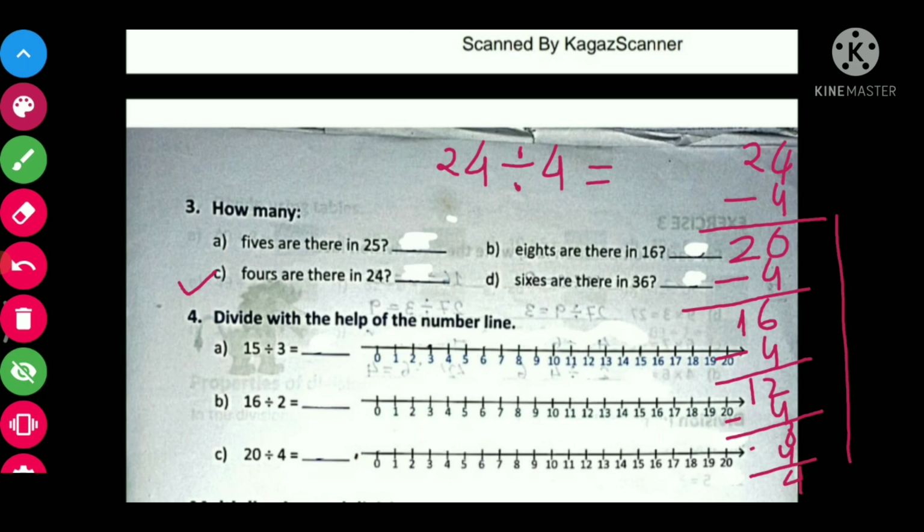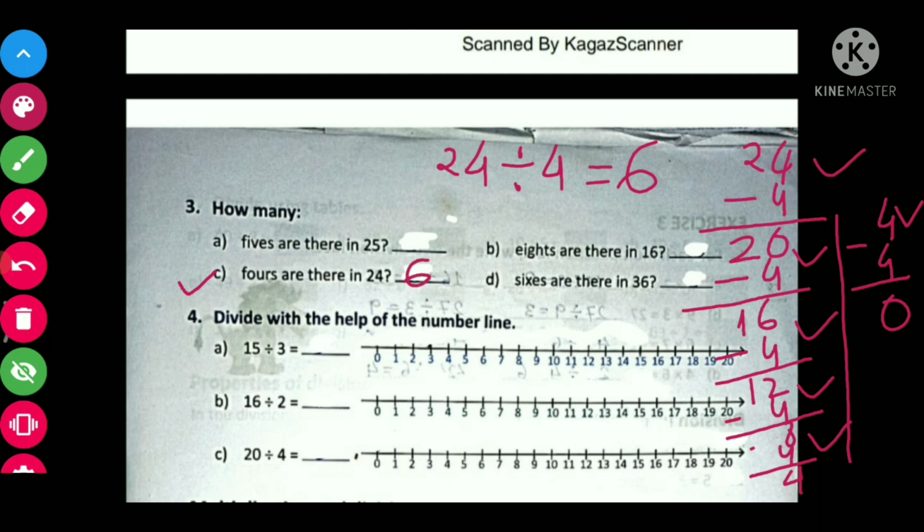Okay, here I will show you. Again 4 minus 4, you will get 0. So in total how many steps are there? 1, 2, 3, 4, 5, and this one is 6. So total 6 steps are there. So how many 4s are there in 24? 6 4s are there.